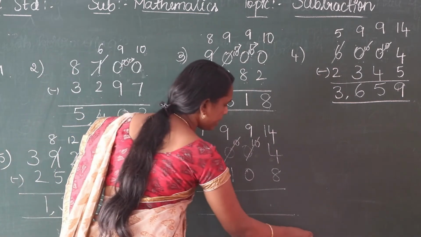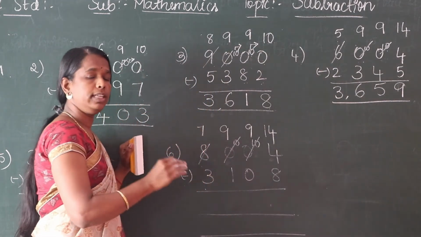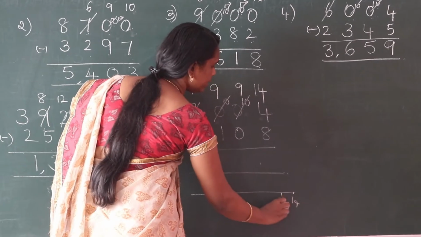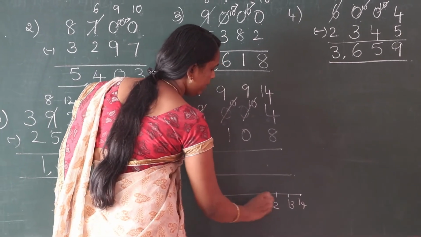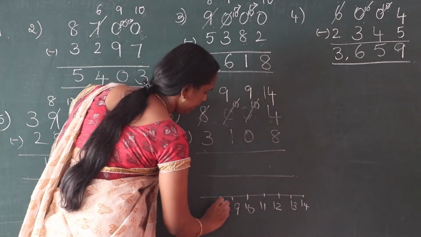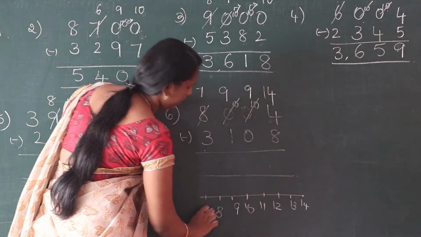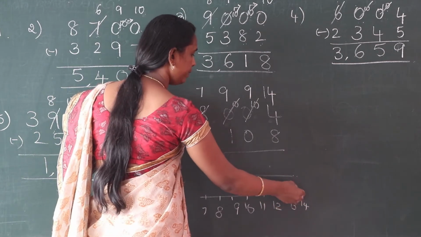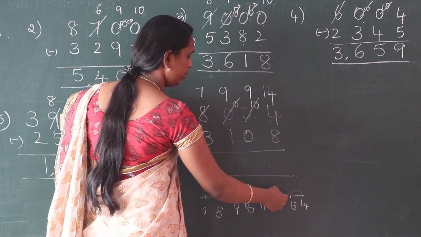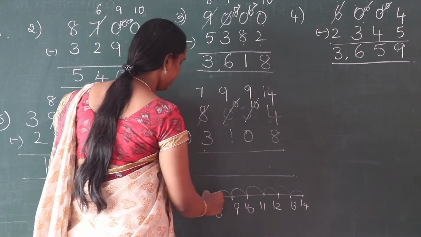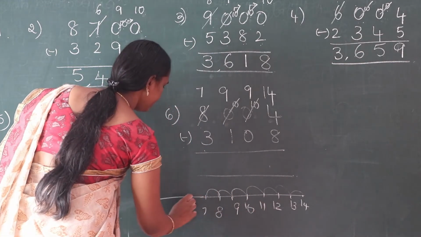So once again I will write this number line. It is easy to write. 14, 13, 12, 11, 10, 9, 8, 7, 6. So skip from 14. Okay, 1, 2, 3, 4, 5, 6.